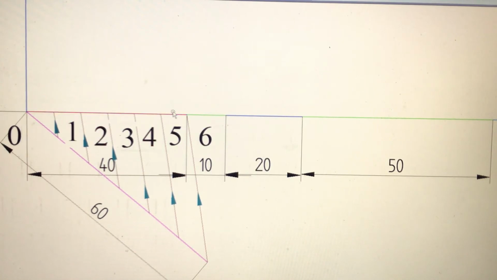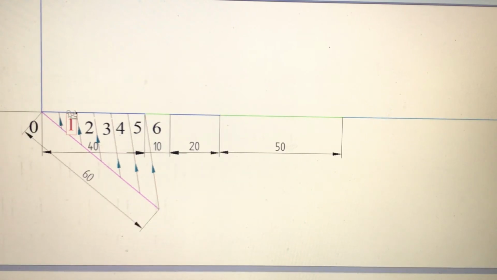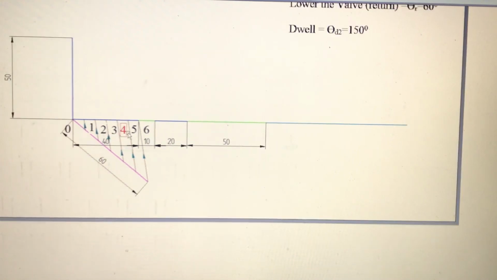If you measure, each divided part is 6.67, around 6.66 or 6.67. Likewise you divide this into 6 equal parts.